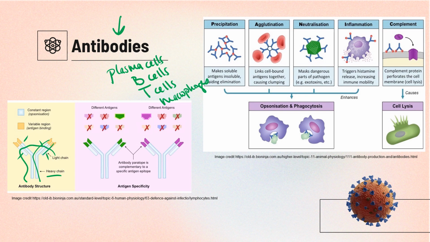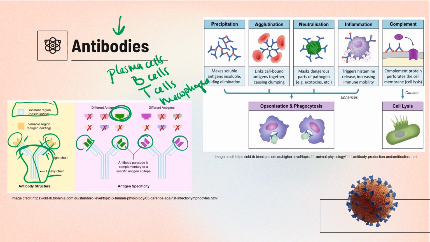These parts of the antibody are exactly the same. This is our constant region. So from one antibody to the next, those chunks look exactly the same. But then we also have these variable regions, and those variable regions are specific to different antigens. So this variable region is going to bind to only this antigen because it's very specific.